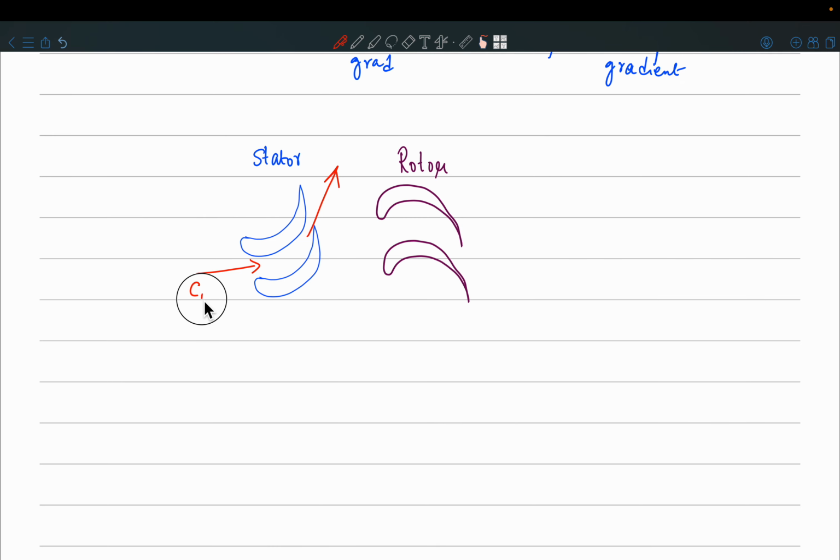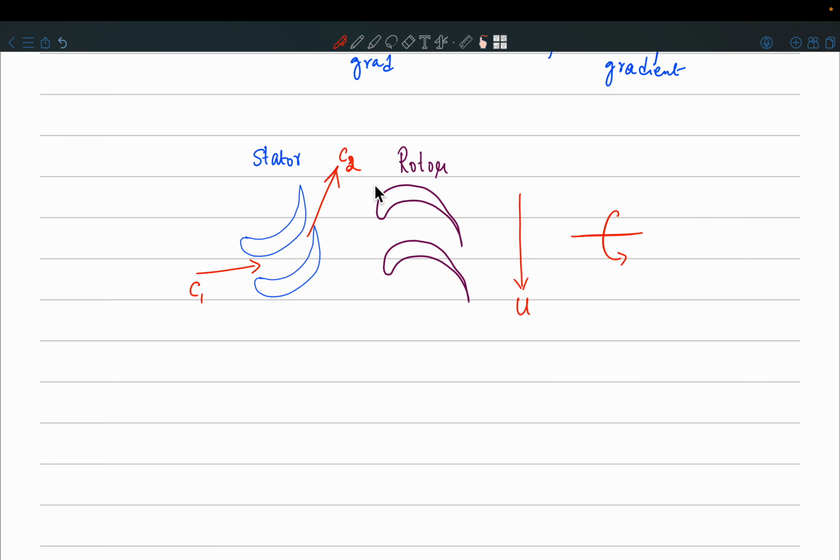I can call this C1 and this C2, and what enters the rotor is actually this C2. But remember that the rotor is turning, so there is an out-of-the-page rotation, denoted by the blade speed u.